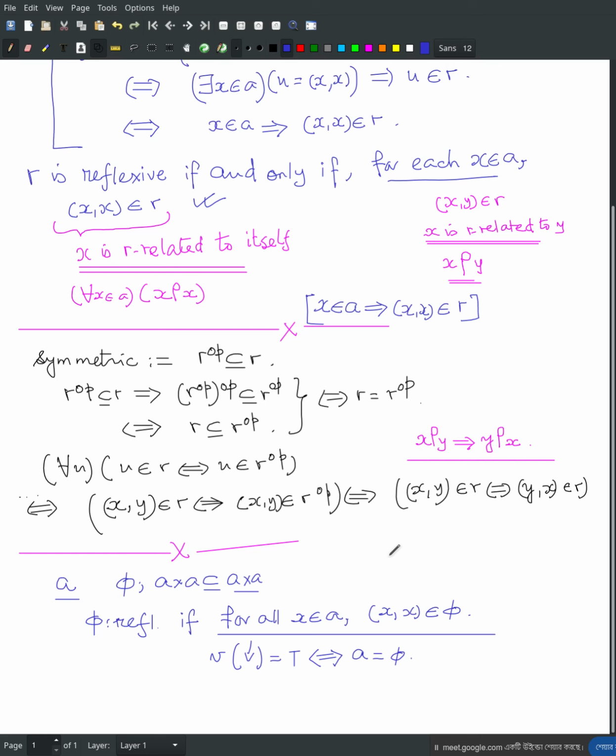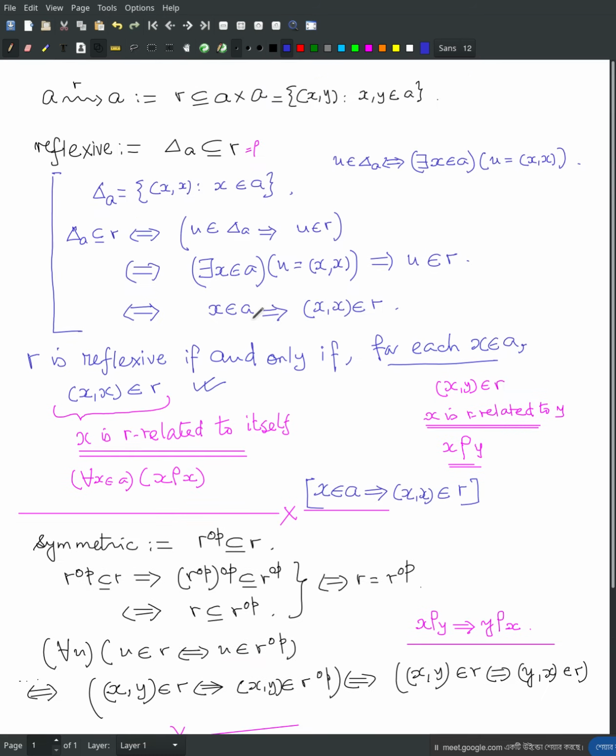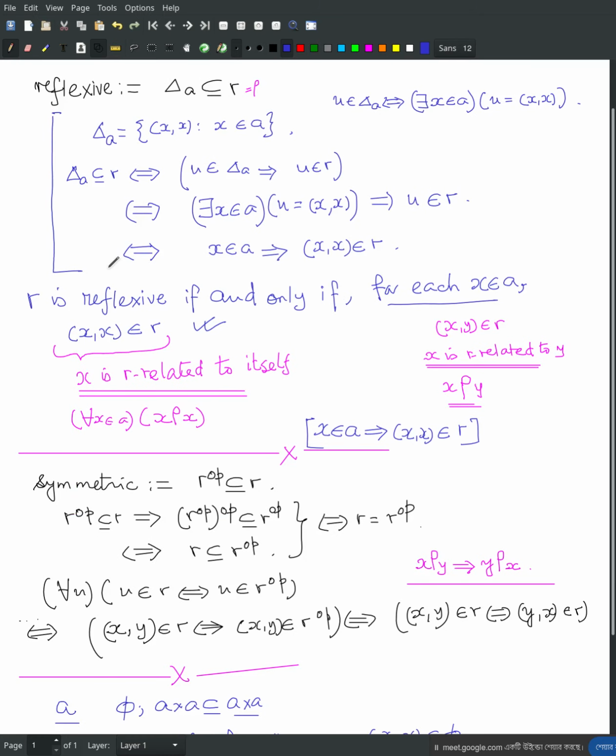Now for statements, as I said before, reflexivity is an implication statement. Phrased in this way, it's an implication statement. Symmetry is also, phrased in this way, an implication statement.